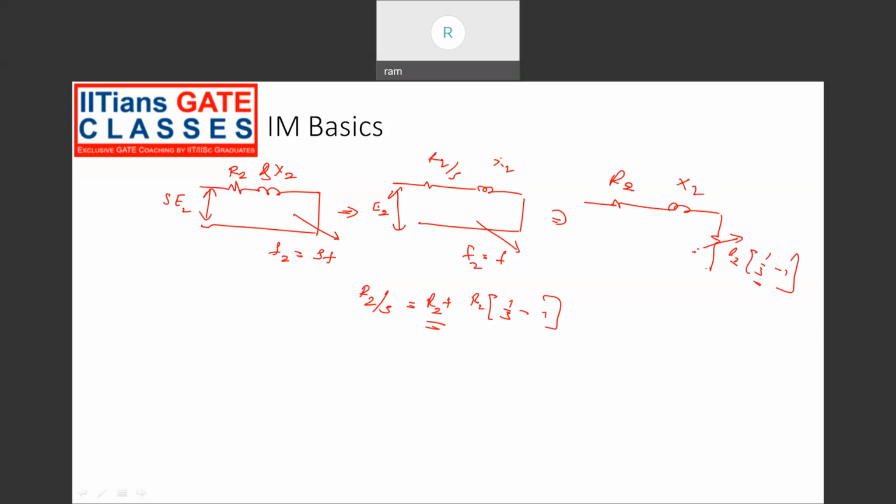So thereby this resistive component varies. The rotor circuit under standstill condition.